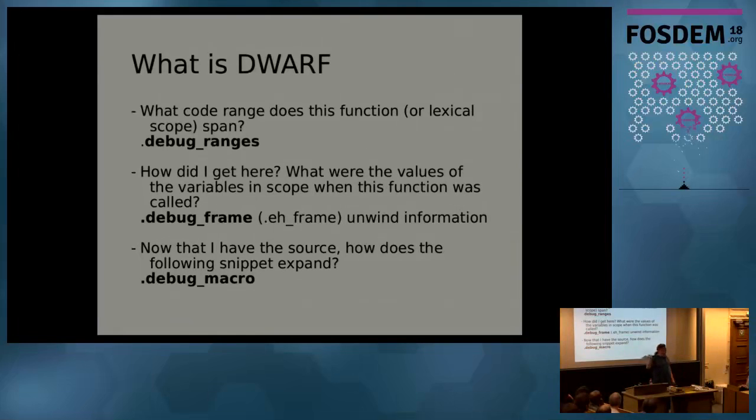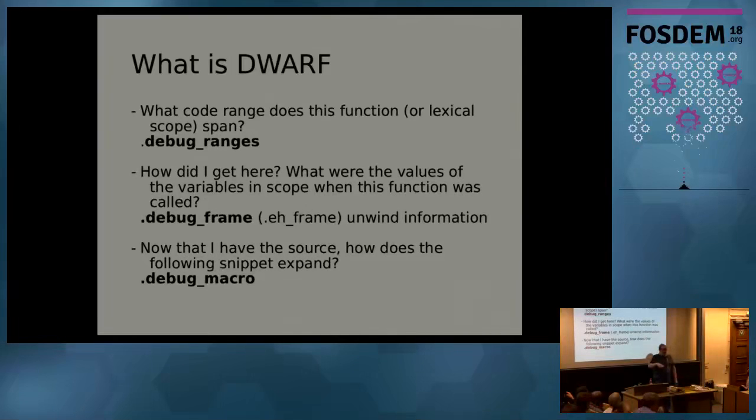You want to know how you got in a function, so DWARF provides you unwind information, not just to know where you came from, but also to get back at the values of the registers when a function was called. You can inspect the values at the previous frame.